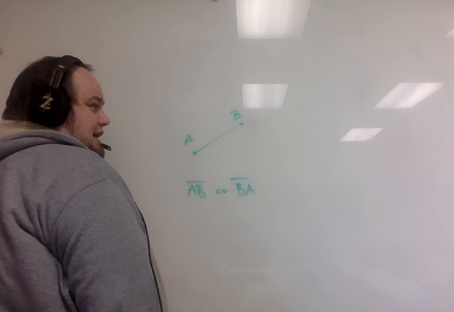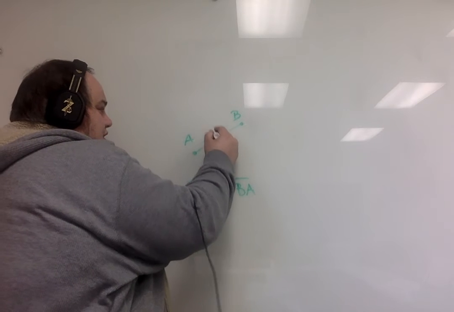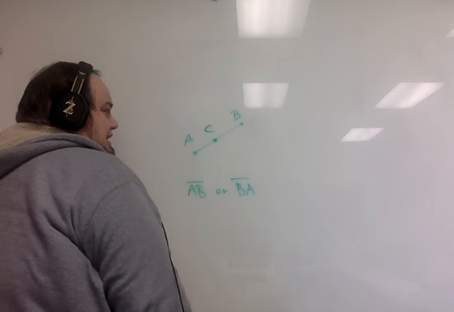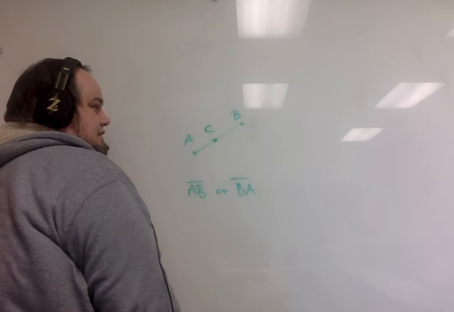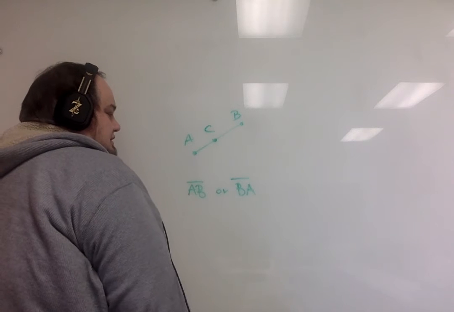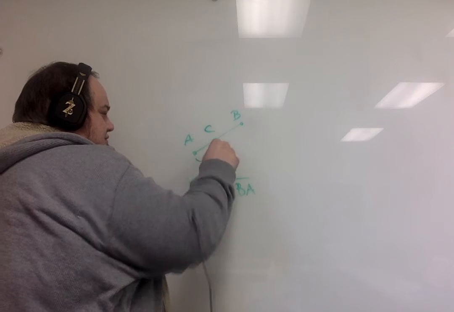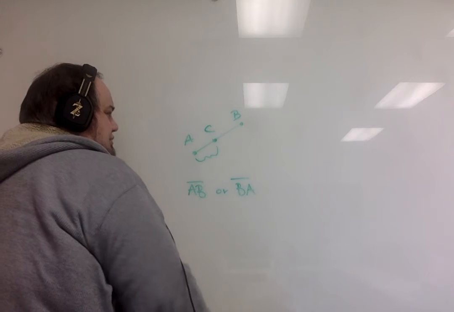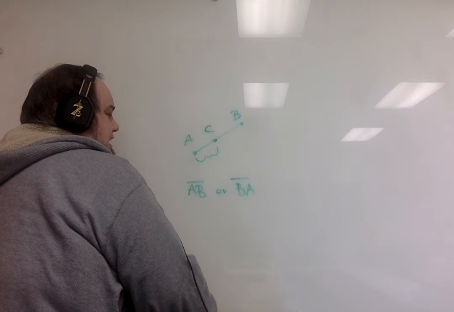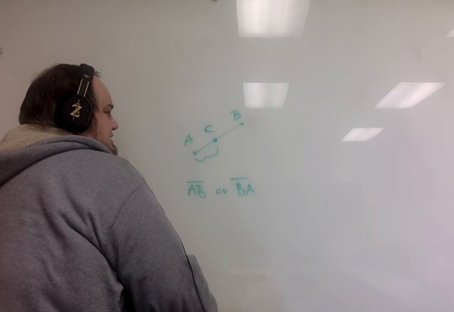So you name it by its endpoints. If there's another point on this line, you can't name it with C unless it stops at C. So if you said AC, that would mean just this part, so just that part of the line. AB or BA is the entire segment there.